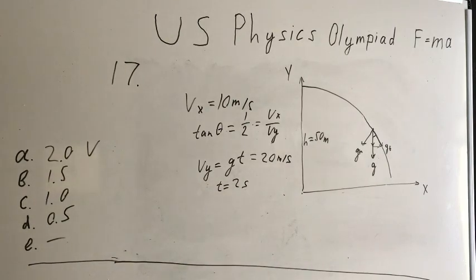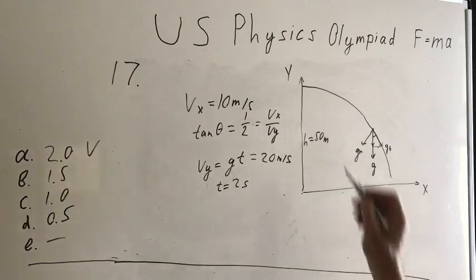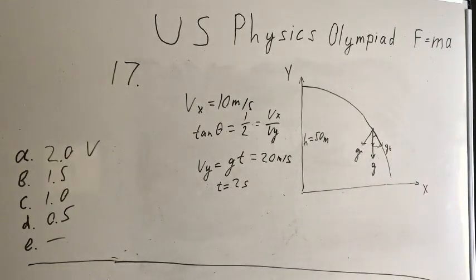The last step is we need to take into account that we have enough time for such a moment. So we need to check if our total height is less than 50 meters.